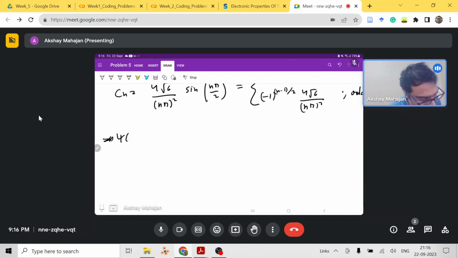Now this implies our psi of x comma t will be given by 4 under root of 6 upon pi square under root of 2 by a.